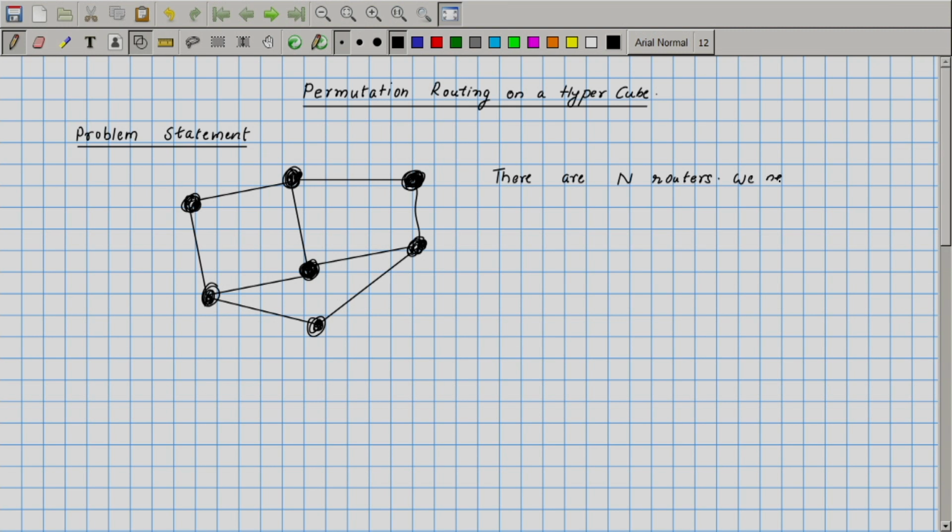We need to send packets from each node to some destination node.